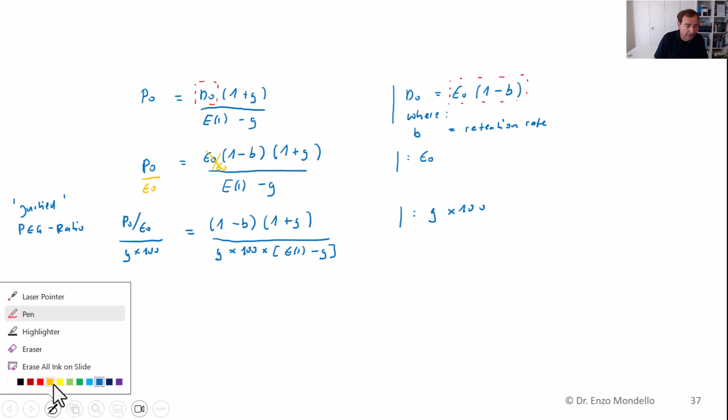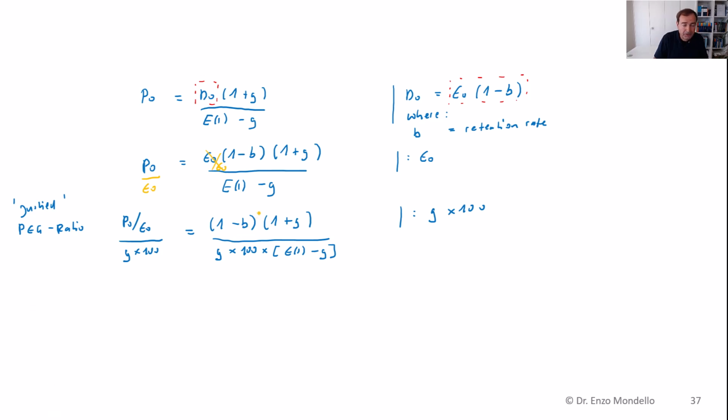So a higher earnings payout ratio results then in a higher PEG ratio and vice versa, while the relationship with the expected return or risk measured with the beta of the stock is negative. So a higher return expectation results then in a lower PEG ratio. So these are the fundamental factors that have an impact then on the level of the PEG ratio.